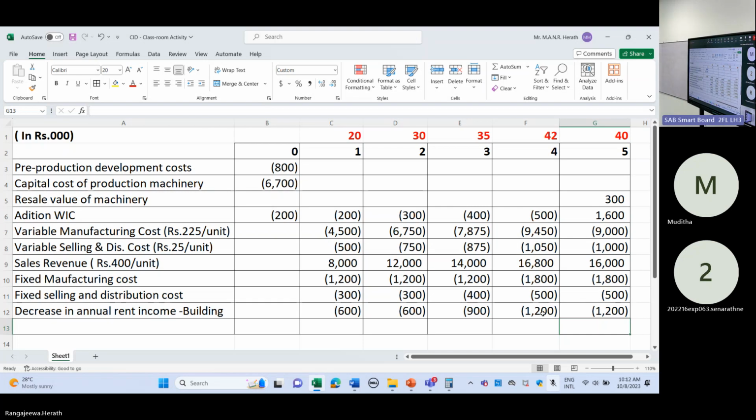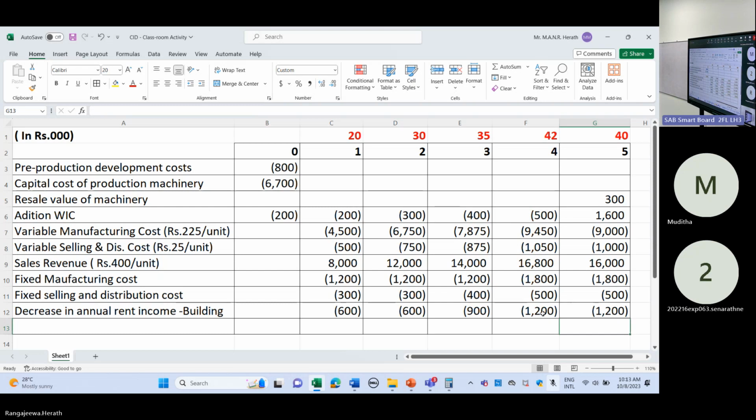This is opportunity cost, right? They are using a building that is at the moment vacant, but you are not earning rent. So in the first 2 years you can share it, and we are still receiving 50,000 monthly rent, so we are losing 50,000 per month, 600.